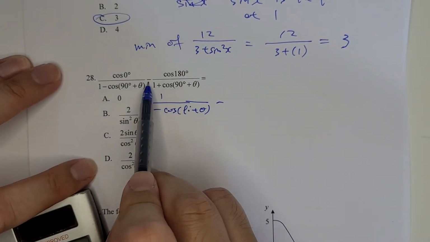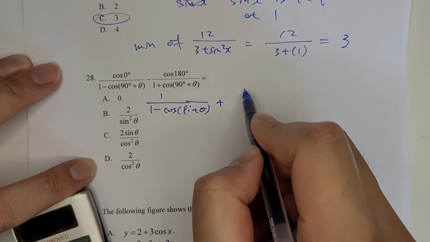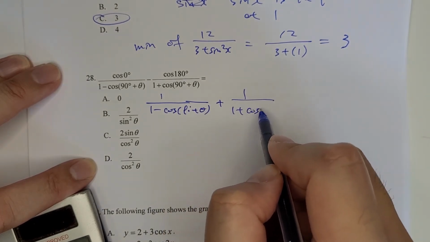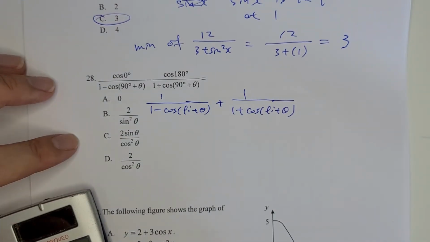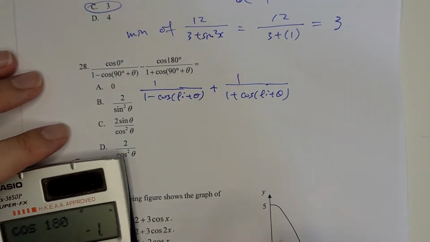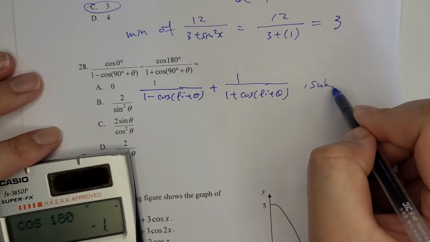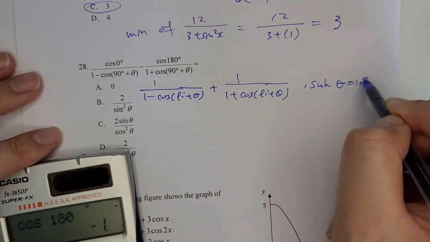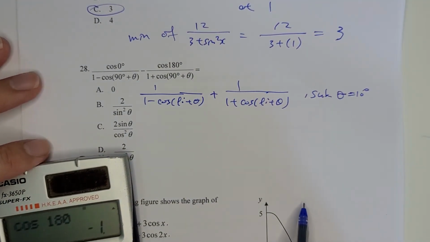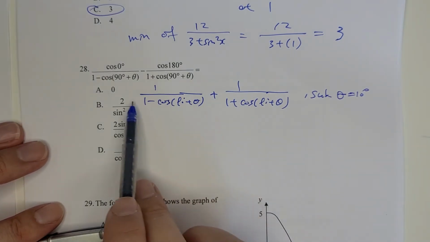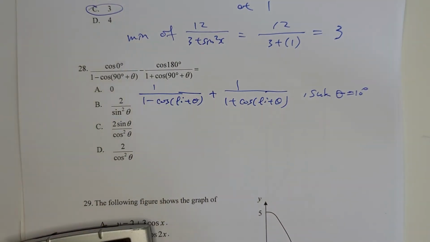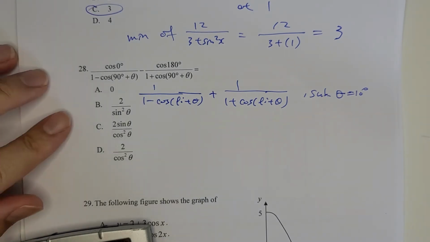So combined with this negative sign, that become positive. And then the rest of the thing just copy. So use the calculator to help you. You can substitute theta equals 10 degree to help you. You substitute theta equals 10 in this expression and the option, so you can find the correct answer.